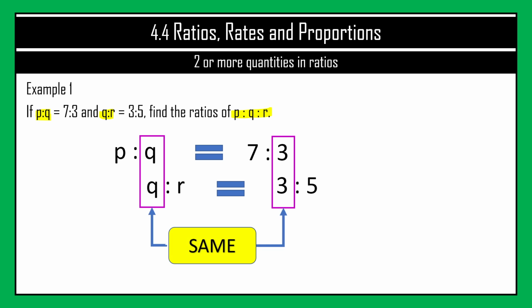Now you notice that the 3 in this and the 3 in here are both of the same value. If they are both of the same value, then we can combine them straight away.